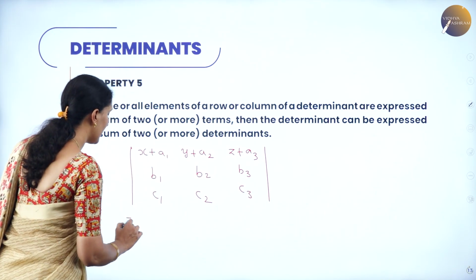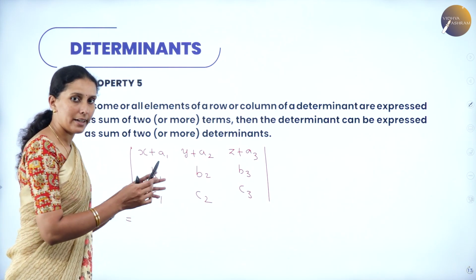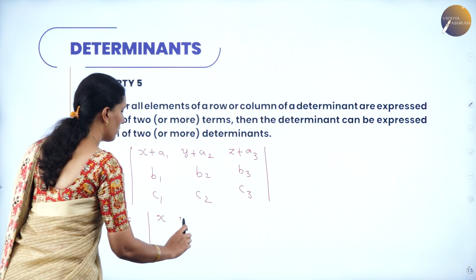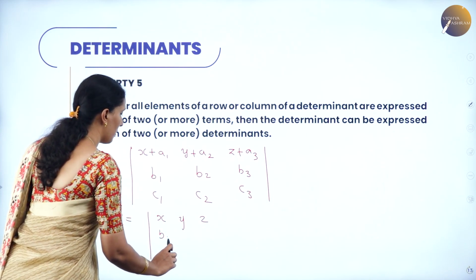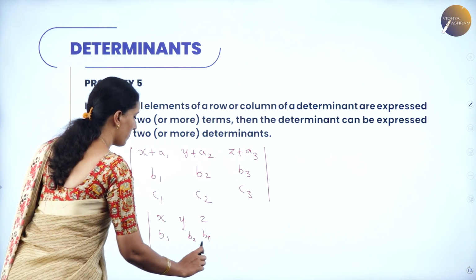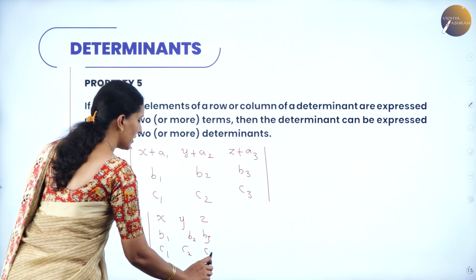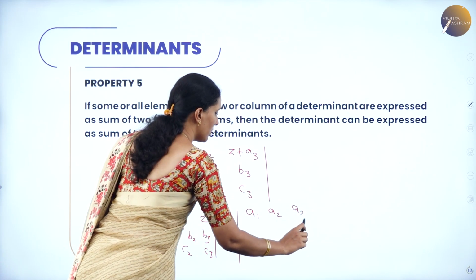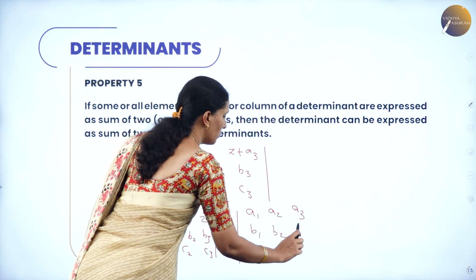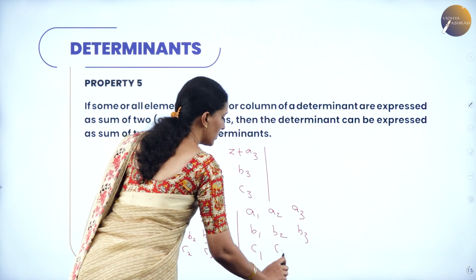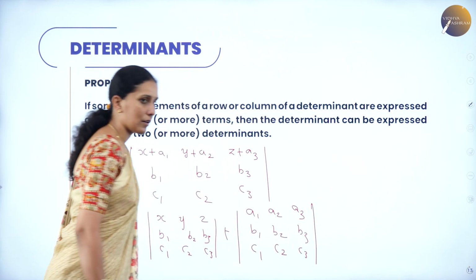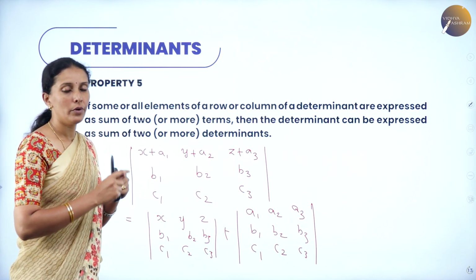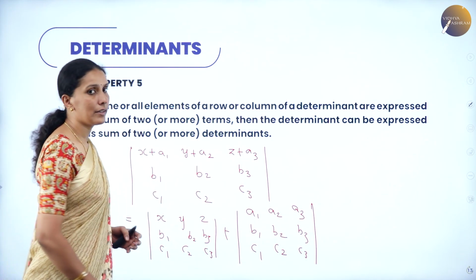Instead of calculating it, it is easier if we separate it. We can write x, y, z, b1, b2, b3, c1, c2, c3 plus a1, a2, a3, b1, b2, b3, c1, c2, c3. So this is how we can calculate. If any one of the row elements is a sum of two elements, then we can separate the determinants and find the values.